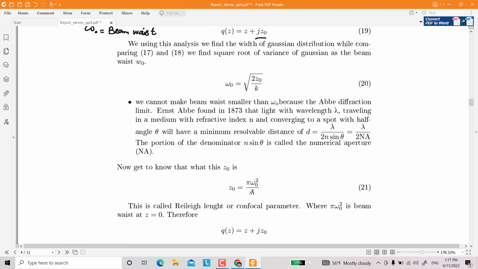This term z naught is called the confocal parameter in the literature, and it is very famous. It has another name, which is the Rayleigh length.